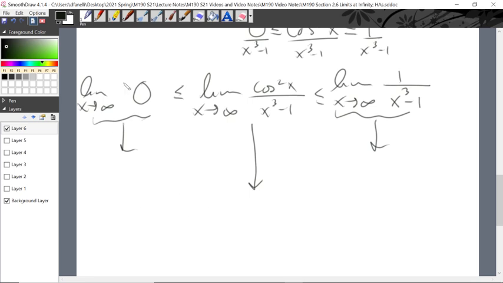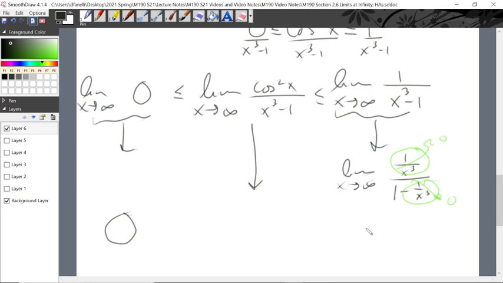Okay. You take the limit of the floor, the limit of a constant is just going to be the constant. And how about on the right? You can divide by x cubed, right? So we get the limit as x goes to infinity of 1 over x cubed over 1 minus 1 over x cubed. This goes to 0 here, this goes to 0.